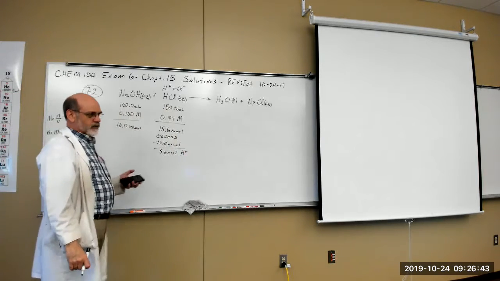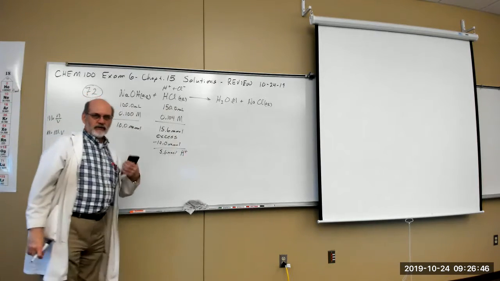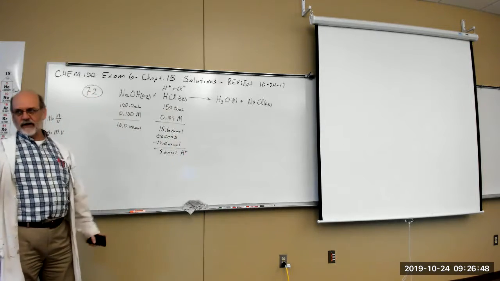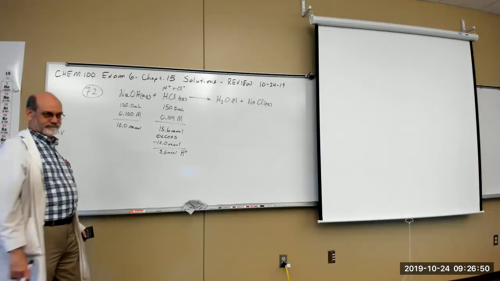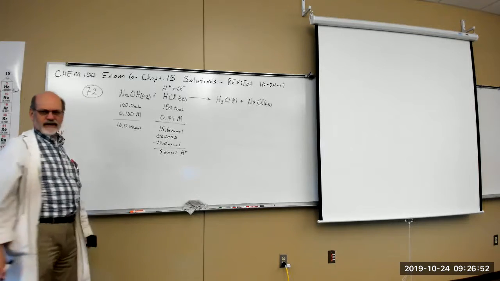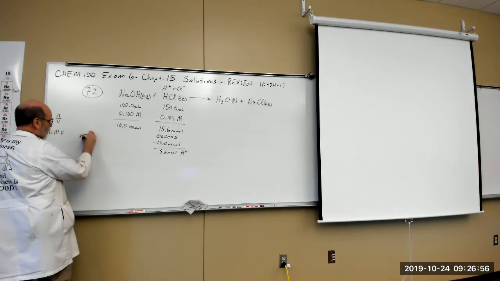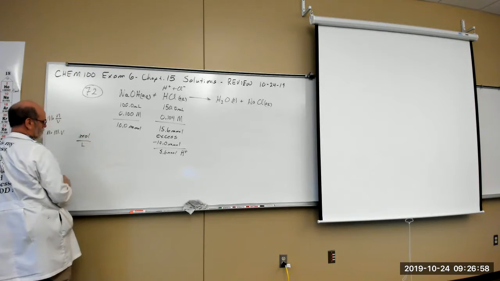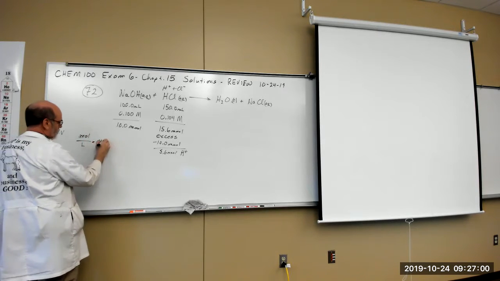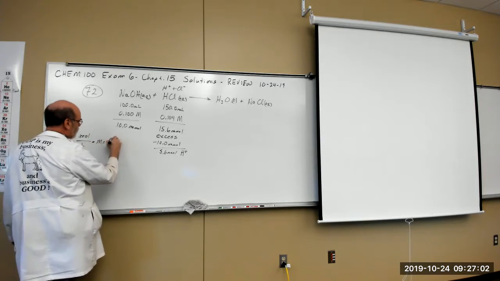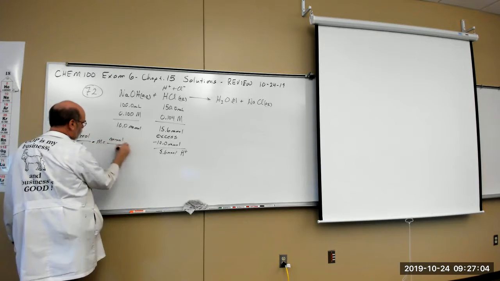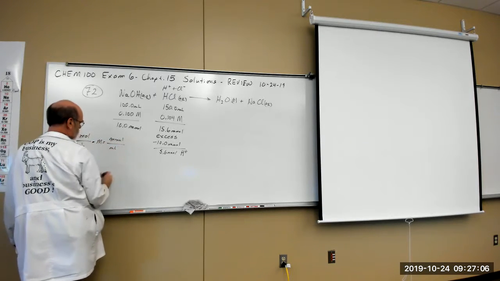And here's the other trick. If you divide millimoles by milliliters, you get molarity. Did I show you that last time? Moles per liter equals molarity. So can millimoles per milliliter equal molarity?